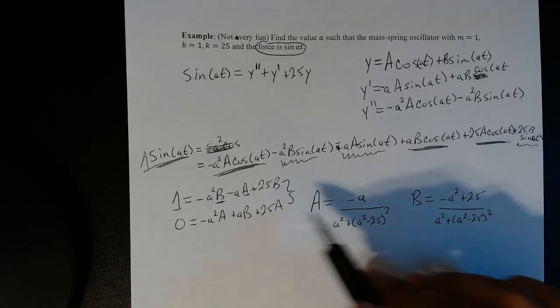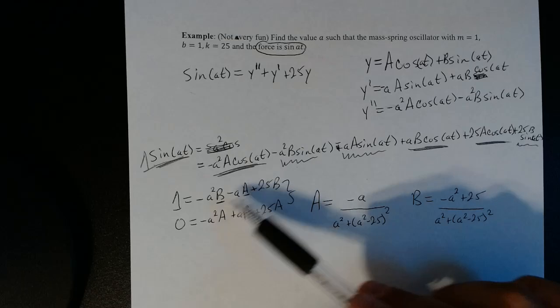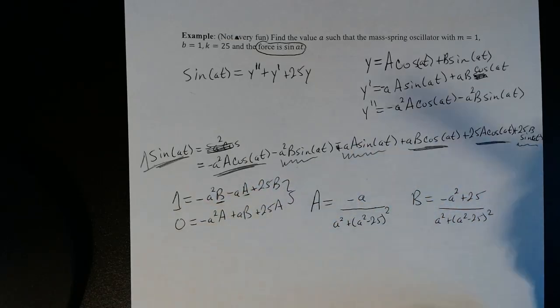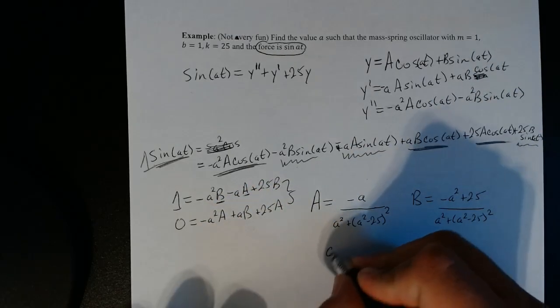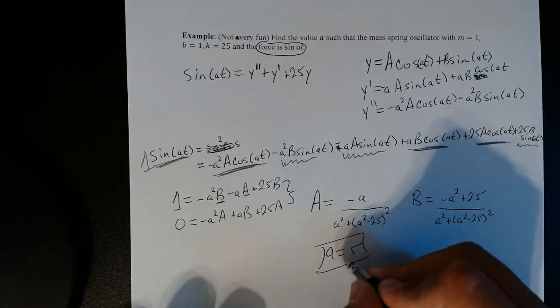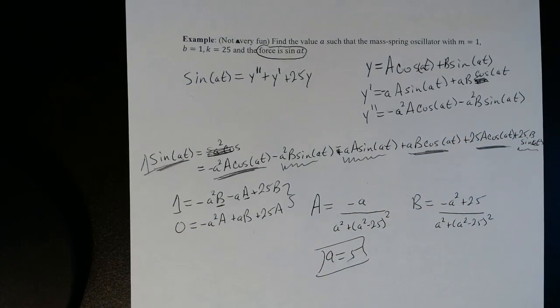And believe it or not, plugging in A and B into here, or let's say just one of them, and eventually solving for a, we get a is equal to 5.